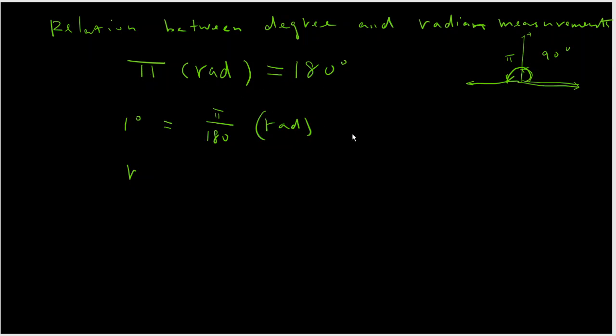So if you want to convert 1 radian to degrees, you divide both sides of the equation by pi. So 1 radian is equal to 180 over pi, that many degrees.